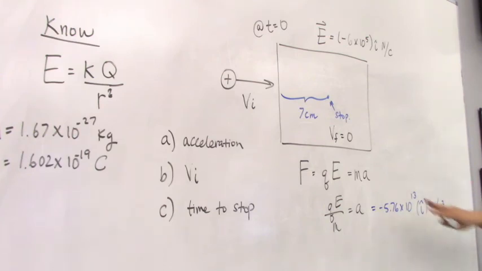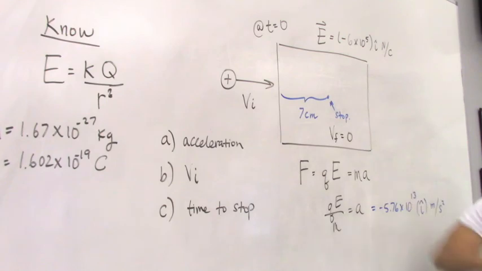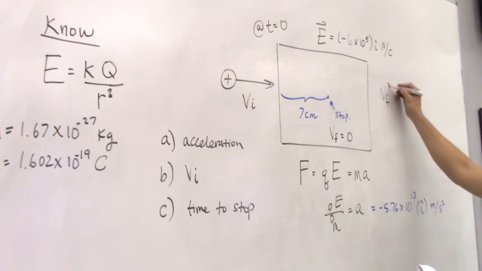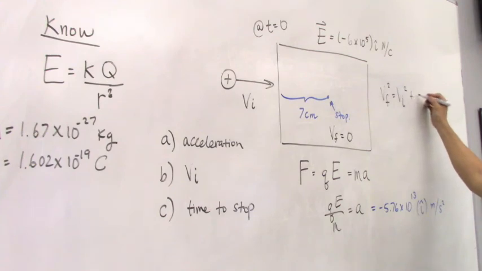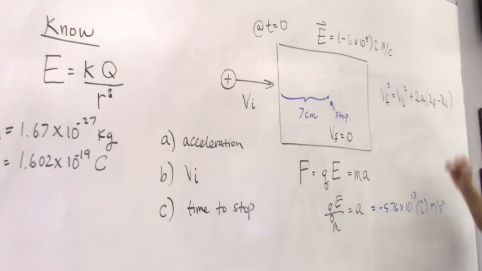The essential idea here is we're using this equation right here. We're equating these things, and we're saying that the acceleration is hence this. Now, next question: what would be the initial velocity if that's the acceleration? Well, we invoke our kinematics equation. As you guys probably remember, V final squared equals V initial squared plus 2a times x final minus x initial.